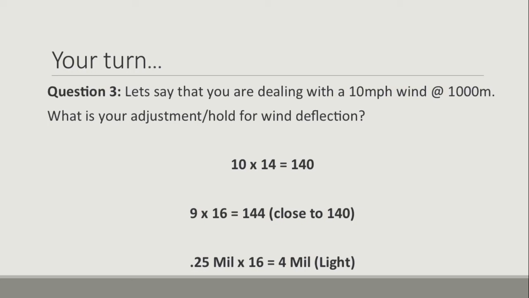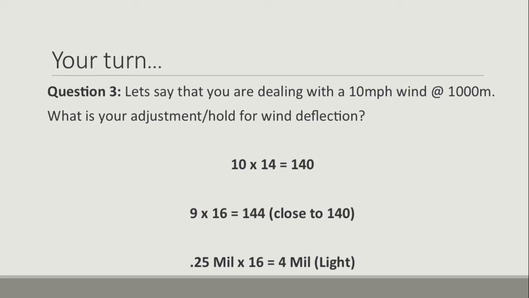So if we use 15 as our magic number, 0.25 multiplied by 15 equals 3.75 mils. So a light 4 mil hold of say 3.9, and it's pretty much bang in between those two. So you're going to be on.